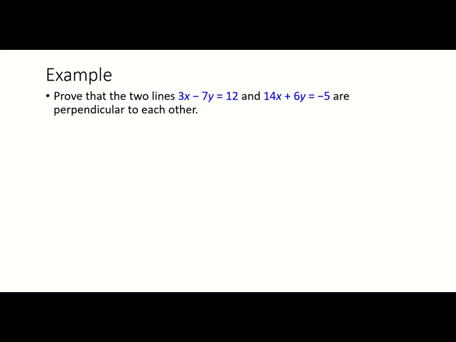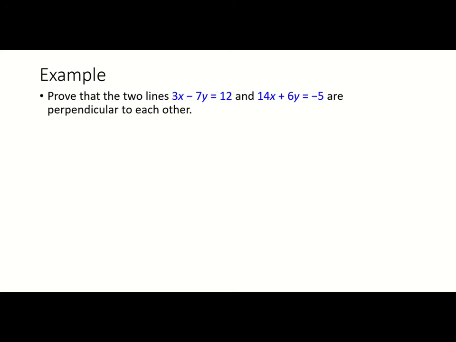All right, so the last thing we are going to do on this PowerPoint is prove that the two lines 3x minus 7y equals 12 and 14x plus 6y equals negative 5 are perpendicular to each other. So remember, if they're perpendicular, their slopes are opposites and reciprocals. So the first thing we need to do is find the slope of each line. Remember, if it's in standard form, you cannot find the slope of your line.